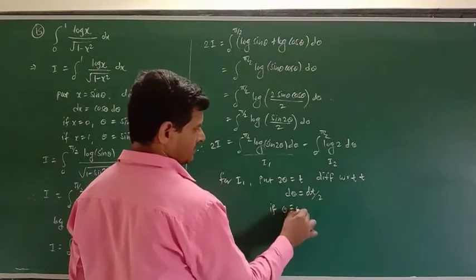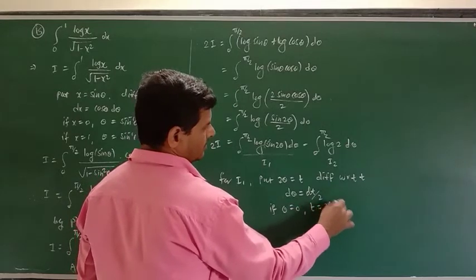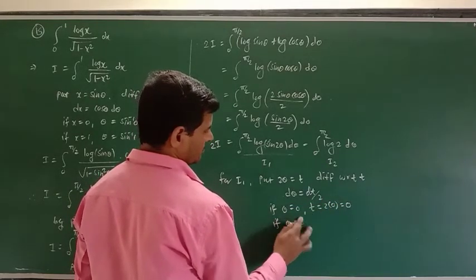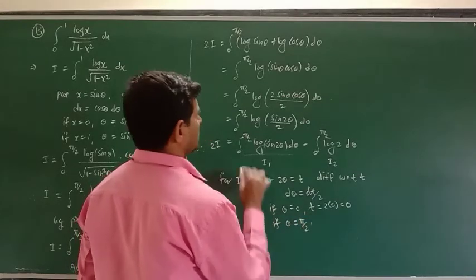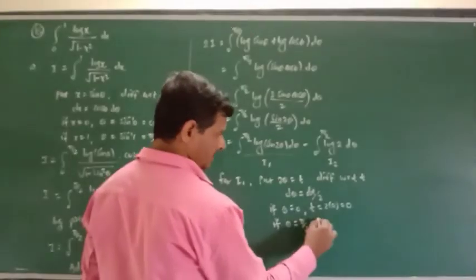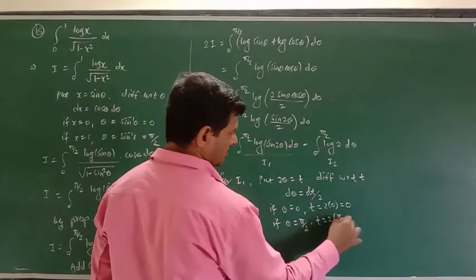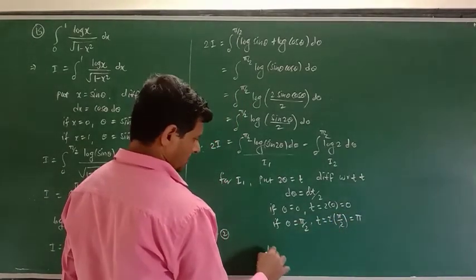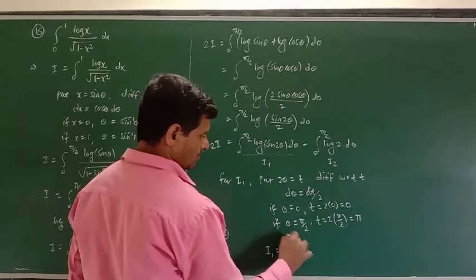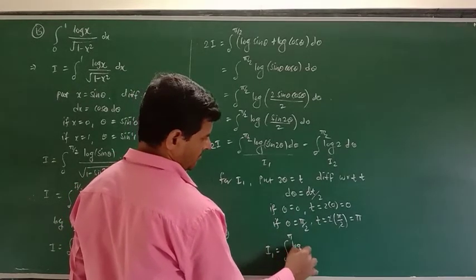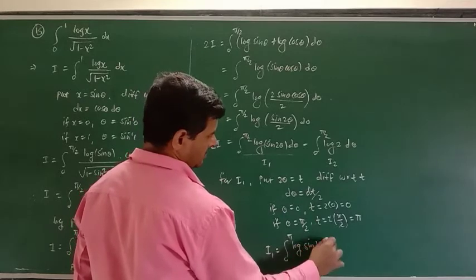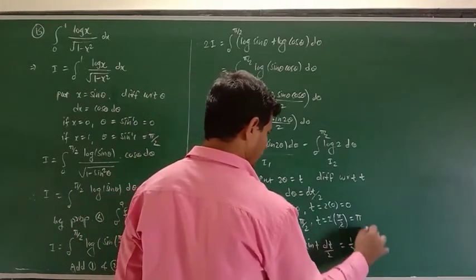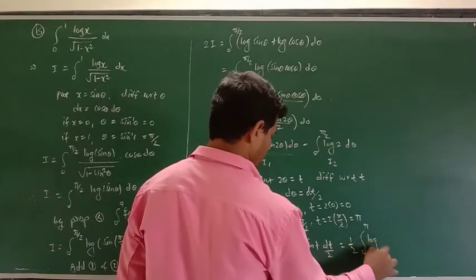If theta is equal to 0, t is equal to 2 into 0, which is 0. If theta is equal to pi by 2, then t is equal to 2 into pi by 2, it is pi. So integral I1 is equal to the integral from 0 to pi of log of sin t dt upon 2.